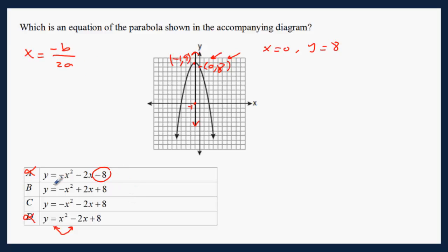Let's find the axis of symmetry for B and for C. A is the coefficient of the x squared, in this case negative 1.